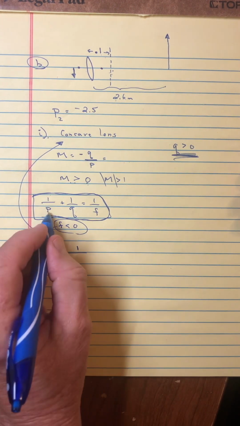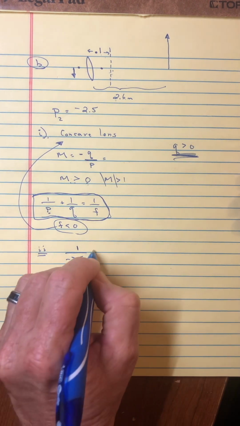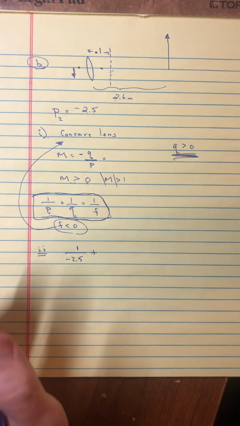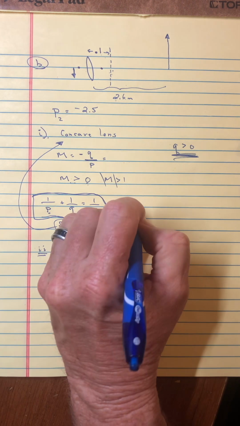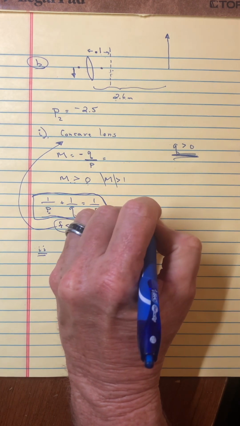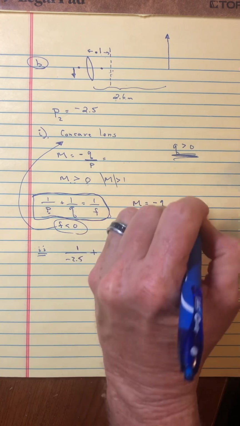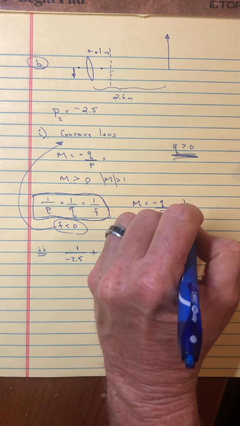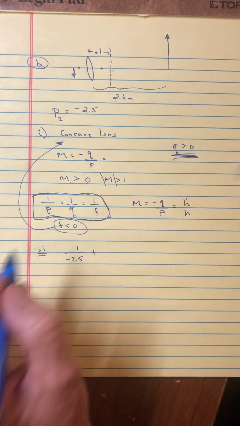So we already said P for this second one is a negative 2.5. What we haven't done is solve for Q. But again, magnification is minus Q over P, which is the height of the image over the height of the object.